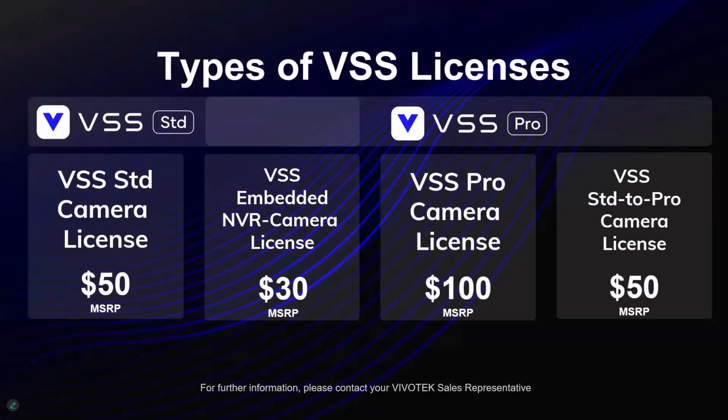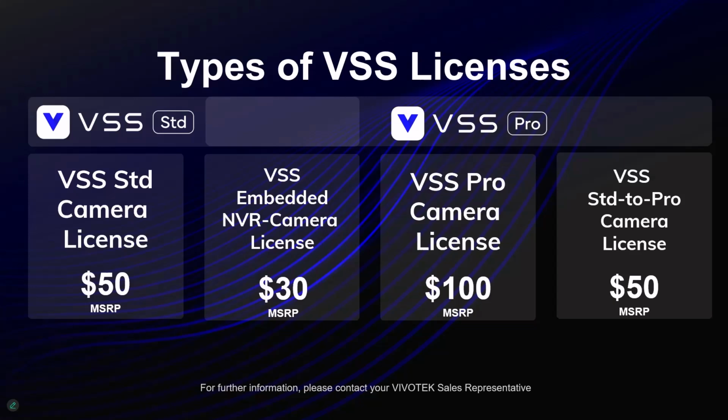Going over the different types of licenses for VSS version 1.3, the VSS standard, there is going to be your individual camera licenses. For any additional ND or NV NVR channel above the 192 max is going to be your VSS embedded NVR license. The VSS Pro edition, we have the Pro camera license is needed for each channel that's on the server.